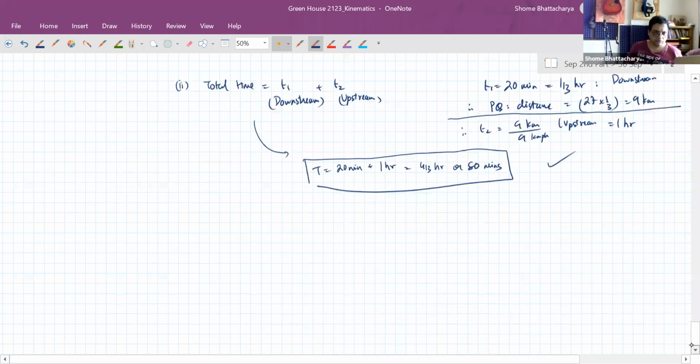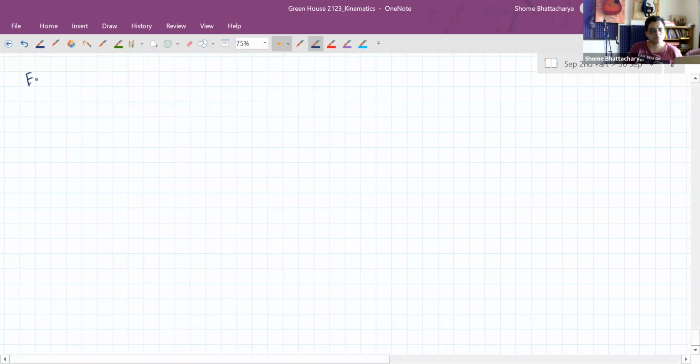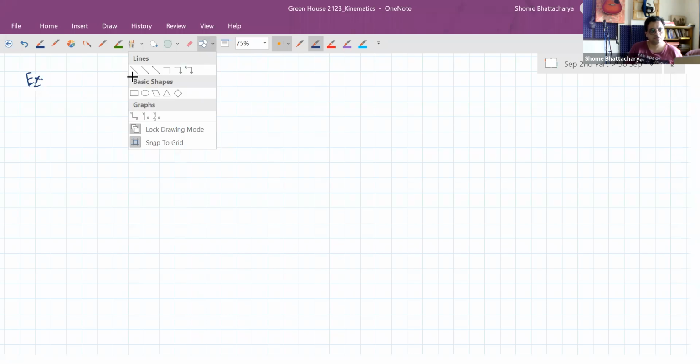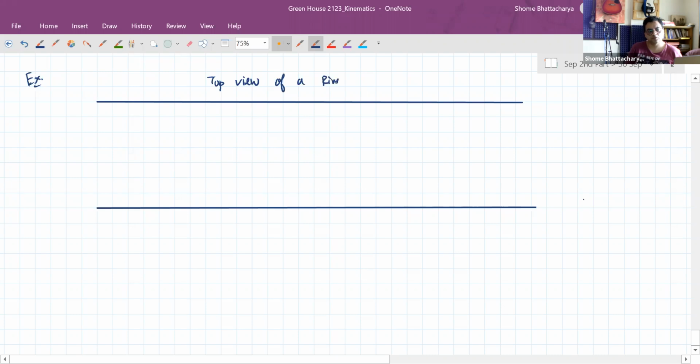Now let's see the two-dimensional situation where this kind of thing is happening. So once again, we have a river which has a straight horizontal section. This is the top view of a river, and the water is flowing at a uniform velocity.